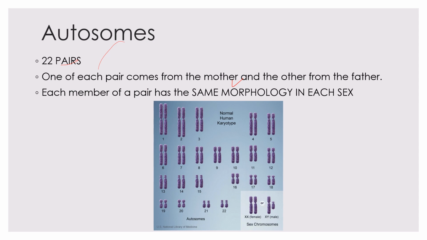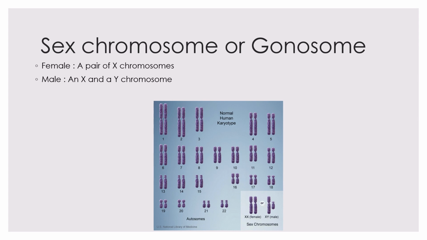Both chromosome 2 have the same morphology. And the XX chromosomes in female or XY chromosomes in male are called the sex chromosomes or the gonosomes. Of course, the X and X chromosome in female, both the X's have the same morphology, but in males, the X chromosome and the Y chromosome, both the sex chromosomes have different morphology. Of course, one being X, other being Y.